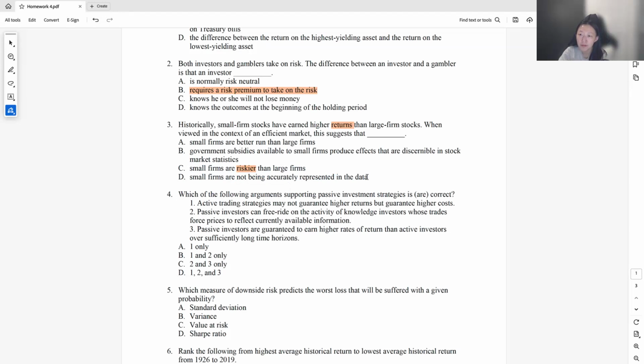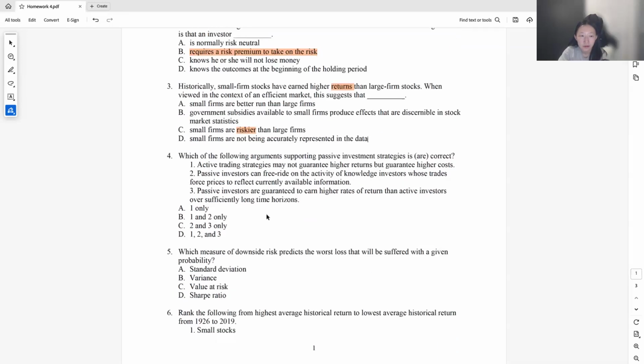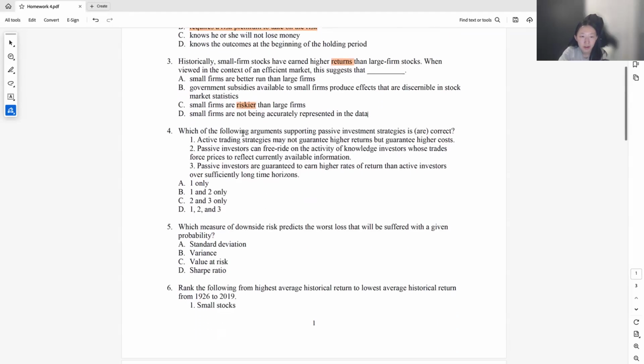It's a large sample over a very long period that shows that small firms have higher risk premium than a large firm. And the fourth one: which of the following arguments supporting passive investment strategies are correct? So it's asking you to choose the correct one.